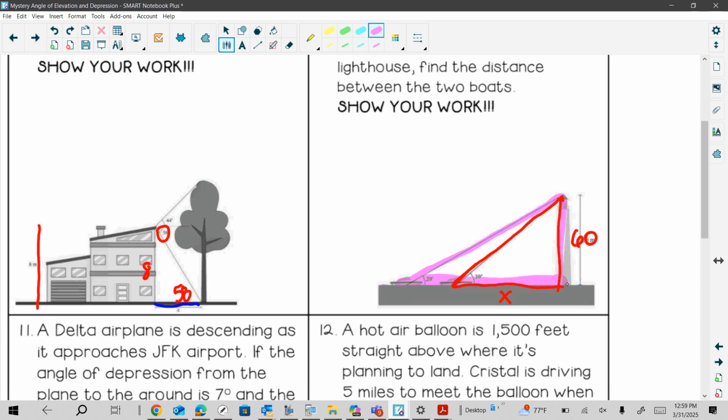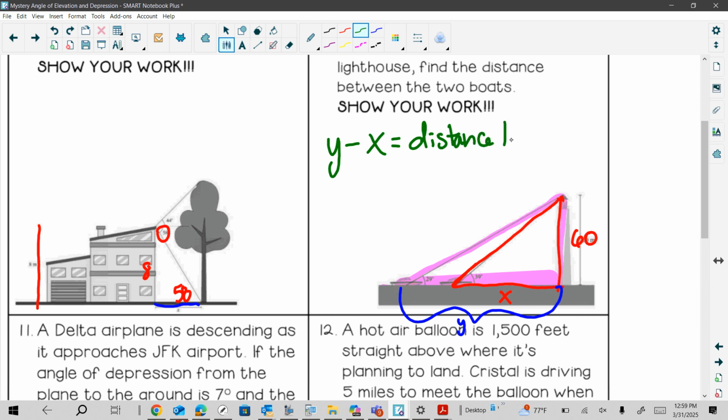Down here is the whole bottom. This whole distance right there, I'm making that variable Y. Because for me to find the distance between the two boats, I'm just saying Y minus X. So you need to do trig twice, one with 39, one with 29.